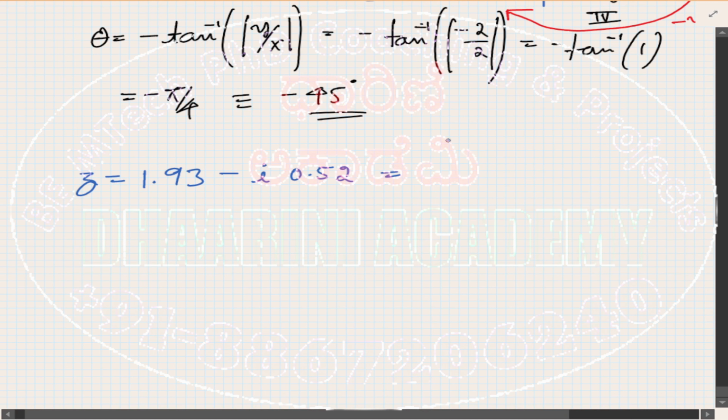Convert this into r angle theta format. The magnitude is 1.99. Find the angle.